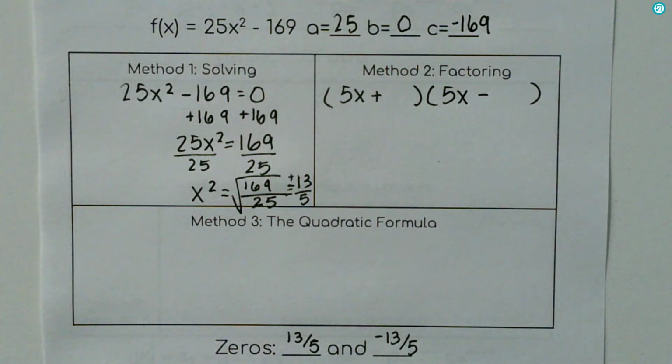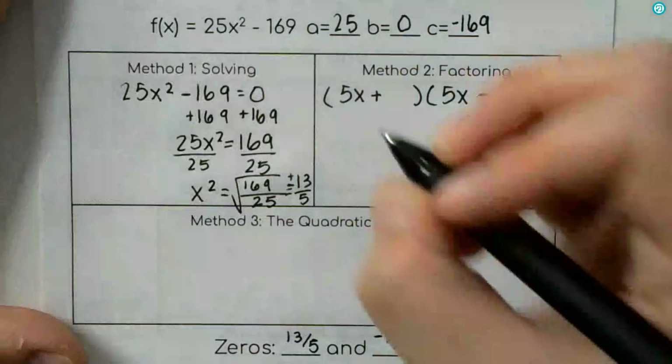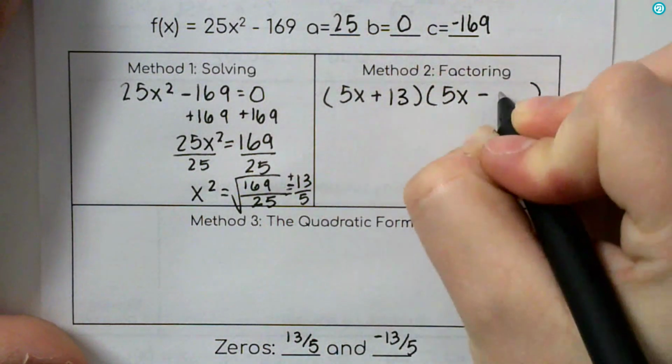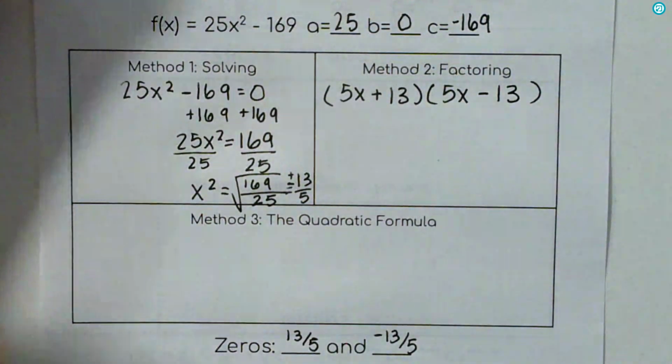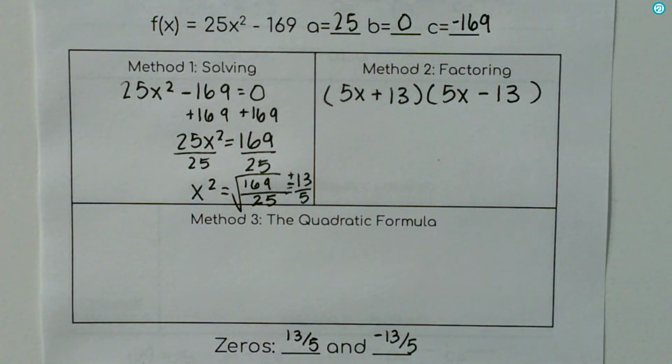And then the square root of 169, we've already done this, is 13. So that would be plus 13 and minus 13. So we take the square root of 25x squared, we take the square root of 169, and we write the plus version and the minus version. Any questions about either of those?